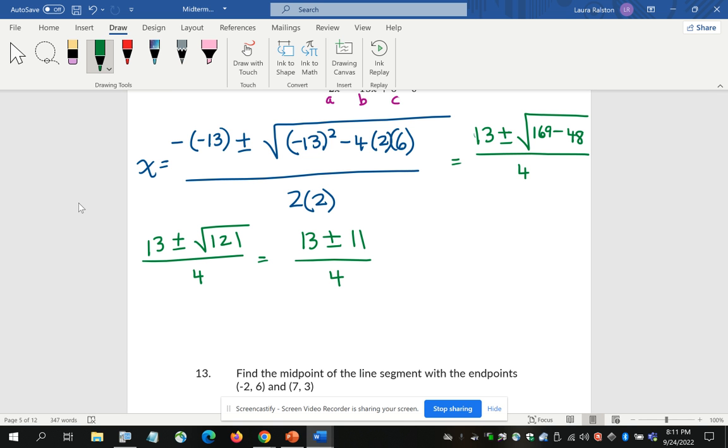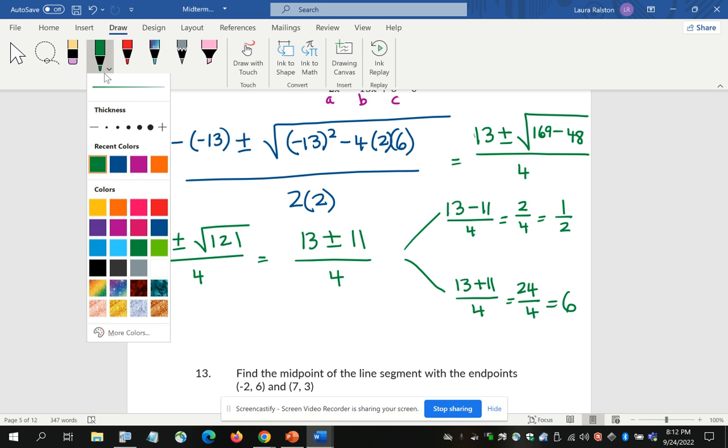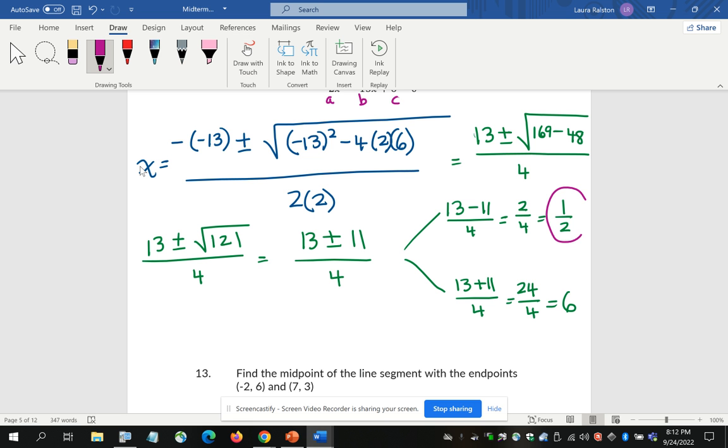Okay, so then we have 13 minus 11 divided by 4, which gives me 2 over 4, or 1/2. 13 plus 11 over 4 gives me 24 over 4, which is 6. So my final two answers are positive 1/2 and positive 6.